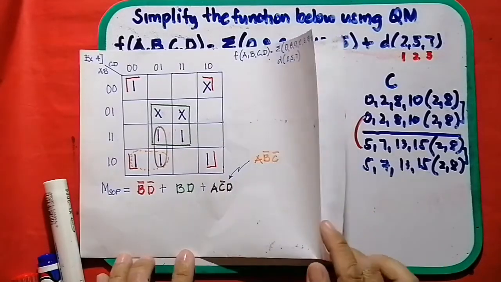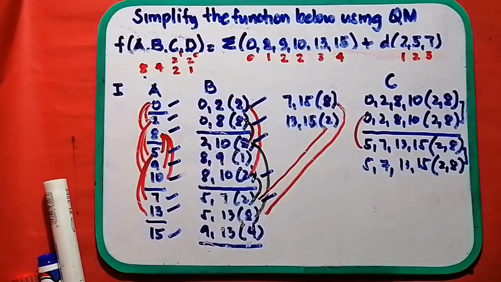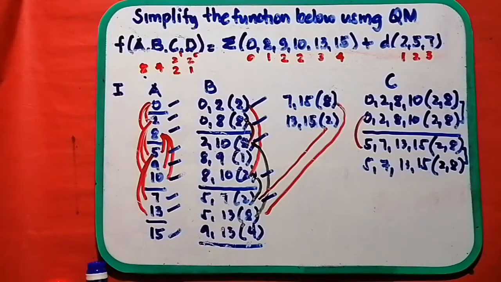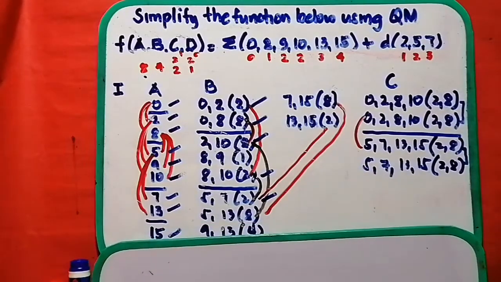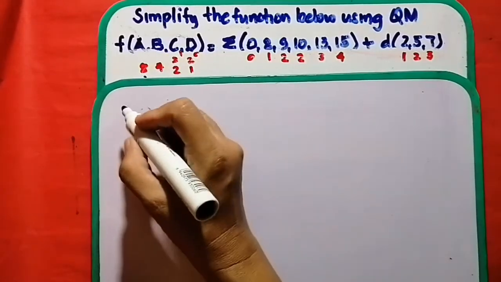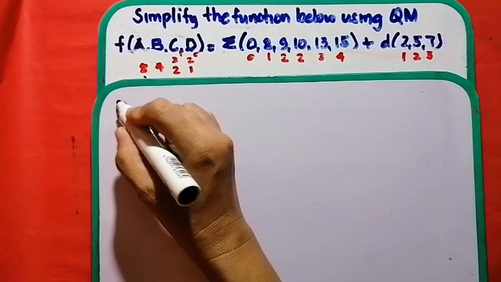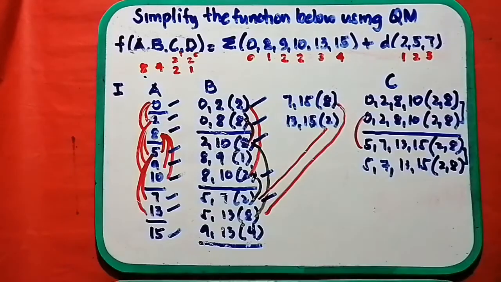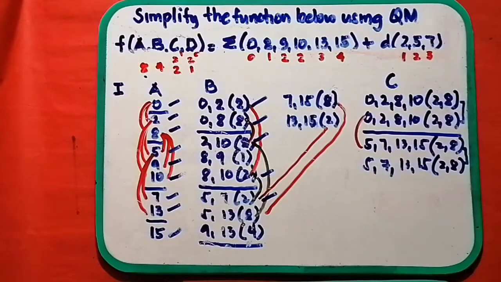Okay, so we now proceed with part 2. In part 2, we're going to get the essential prime implicants.